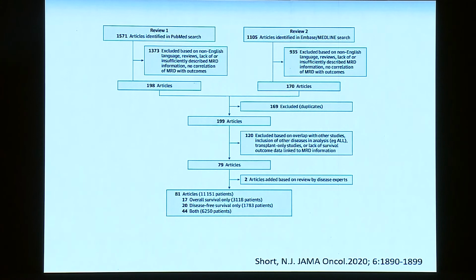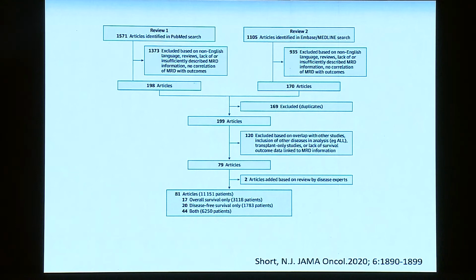This study, published in 2020 in JAMA, is just a literature review, and they reviewed around 1,500 articles. To make the long story short, at the end they had 81 articles with around 1,100 patients.